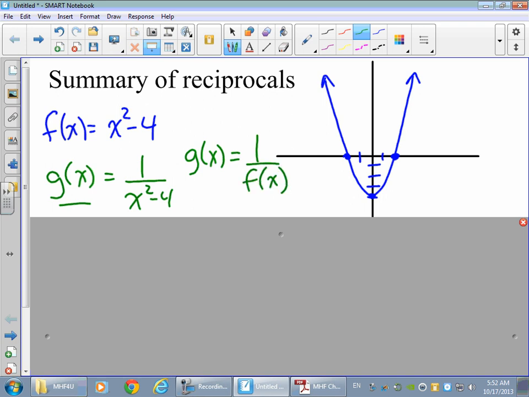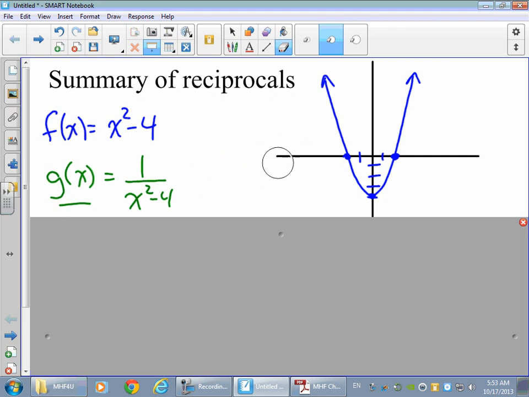It's 1 divided by whatever the values were before. And again, this is the old y values. So we're taking whatever our old y values are and dividing 1 by those numbers. That's just the definition of reciprocal.